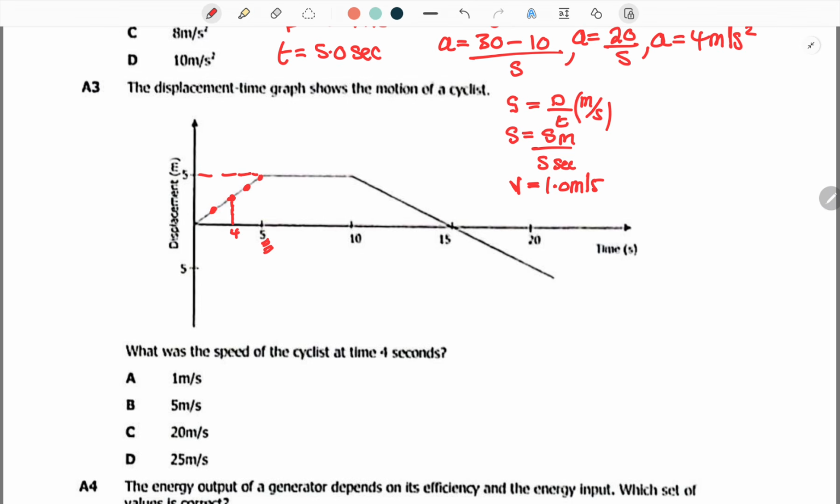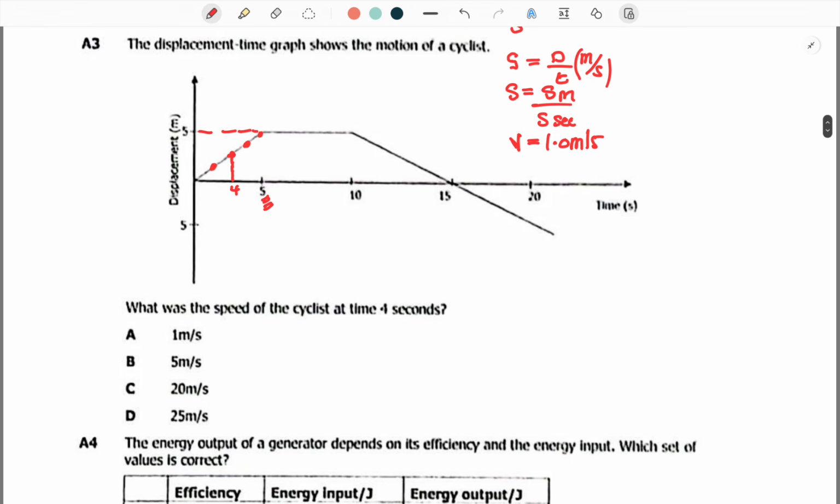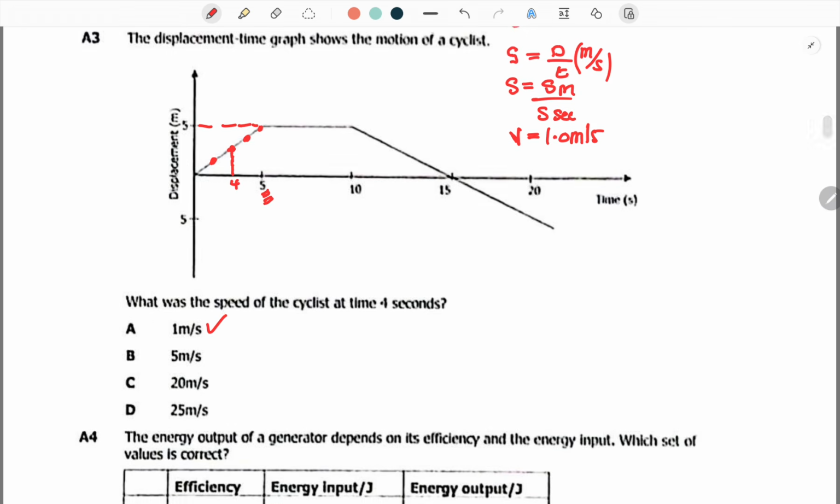Even the speed at 4 seconds, at 3 seconds, will still be 1.0 meters per second. So the speed will remain constant, provided the acceleration is not changing. So of course, that is how you're going to find your 1 meter per second.